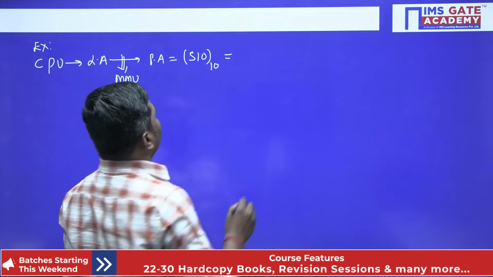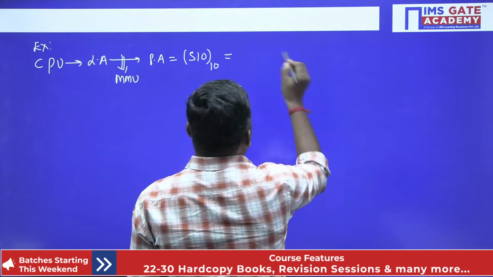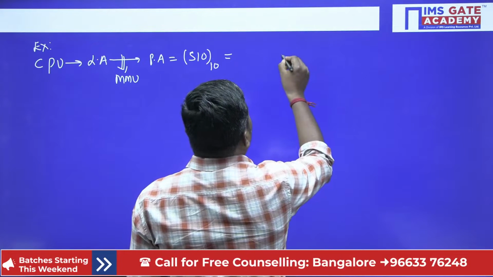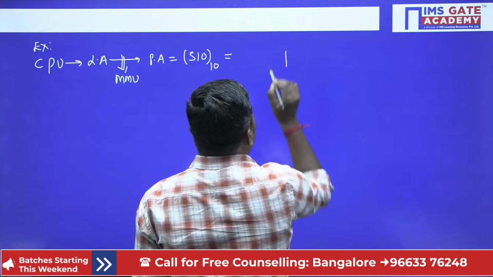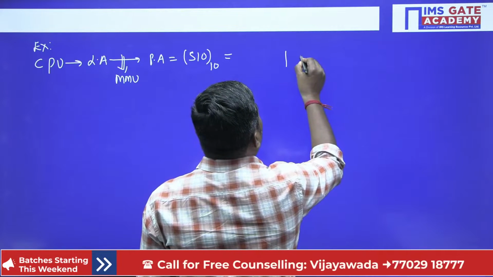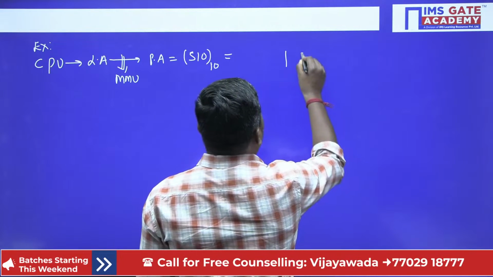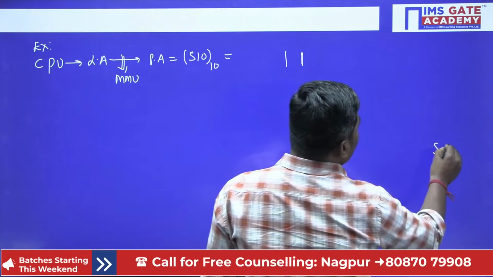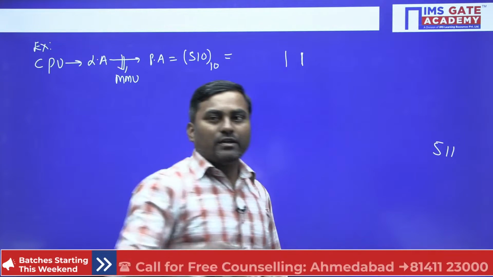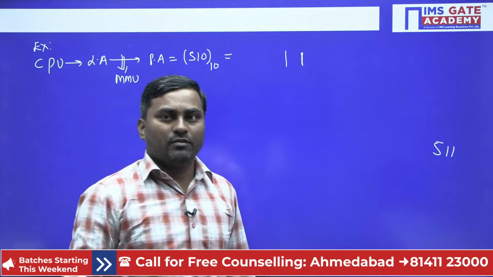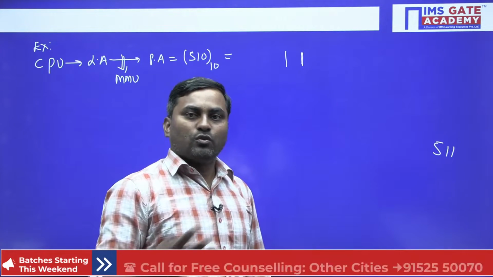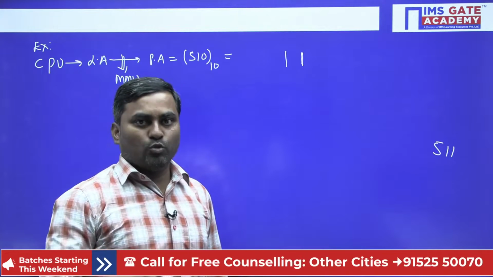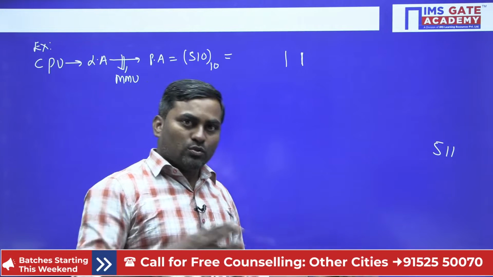Now see how to write the binary address for 510. 256 is 1, 128 is 1, and so on. If all 9 bits are 1, we get 511, since 2 power 9 is 512, so the range is 0 to 511.